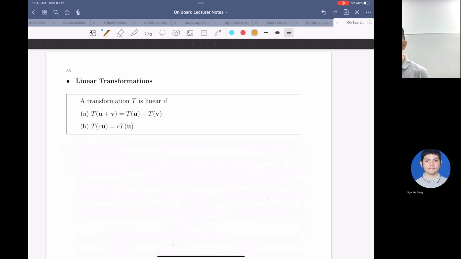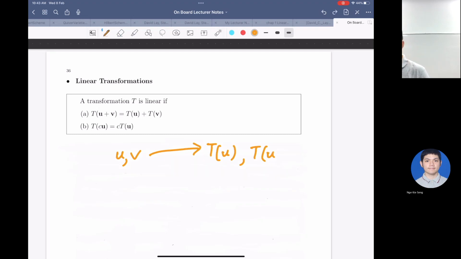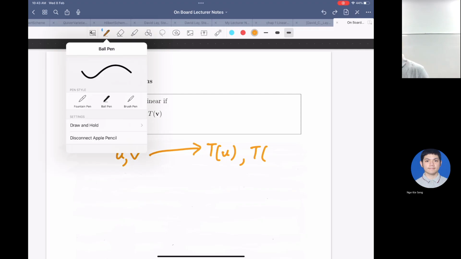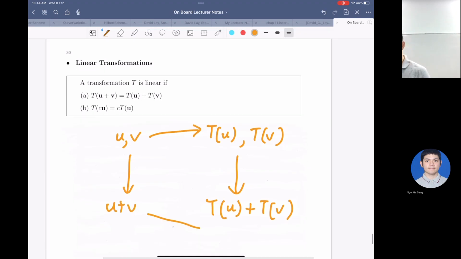If you have two vectors, you can send them across using the linear transformation first, and then add them together. The other way is you can add them together first, and then send across. And we want them to agree. That's why we got the first condition here.